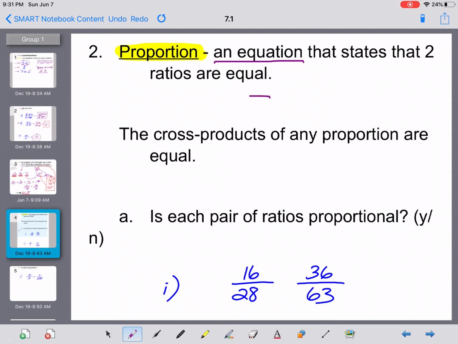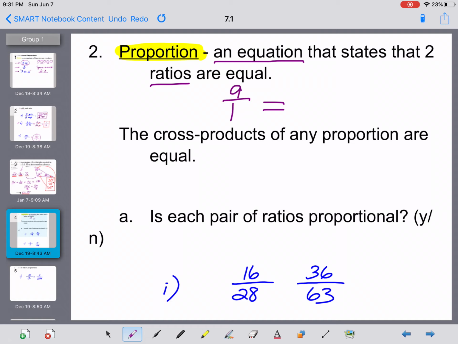So we're going to have an equals sign here. And a proportion is an equation that states that two ratios are equal to each other. A ratio, as we defined earlier, is simply a comparison of two numbers. It can be written a lot of different ways, but when we're talking about math, we like our ratios expressed as fractions.